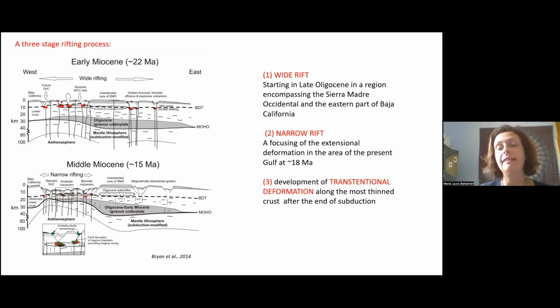There is a stage of wide rifting, in which extensional deformation affects a large region comprising the Sierra Madre Occidental and eastern Baja California. Then there is a focusing of the extensional deformation in the place of the proto-rift, and starting with the end of the subduction, there is the development of transtensional deformation.